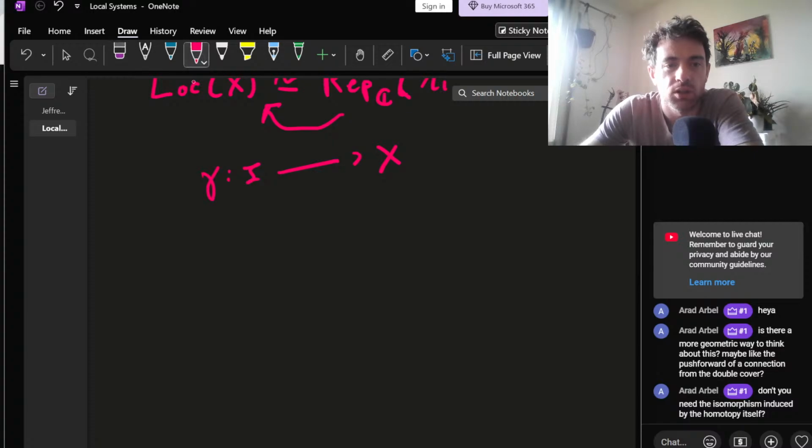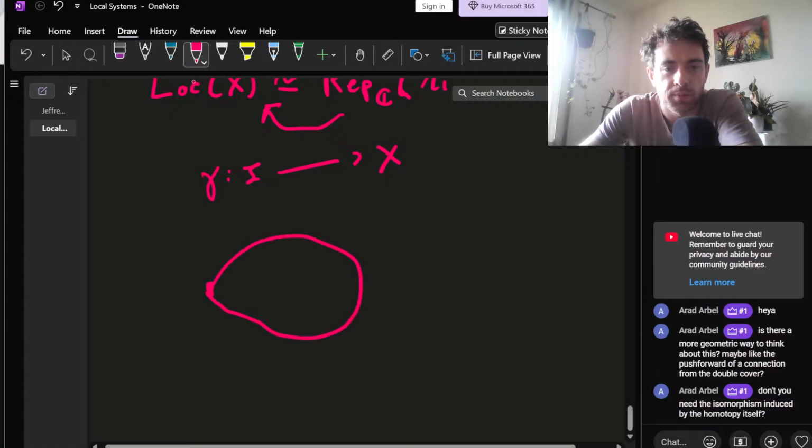Basically, here's another way to write it. You take a loop gamma based at x, and you take an open cover. Well, take a cover of this loop.